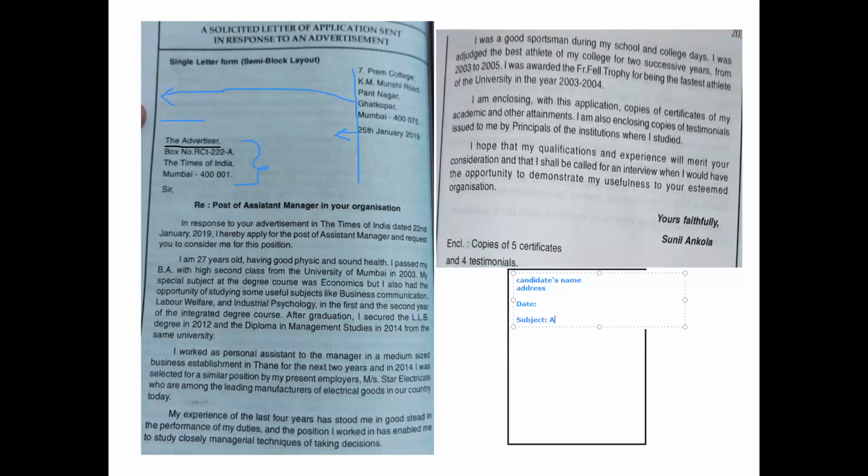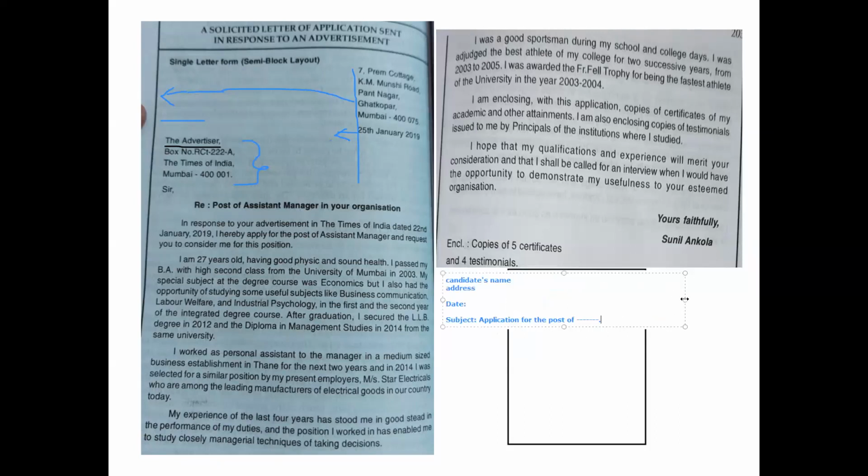Write it down in your notebook. Application for the post office.